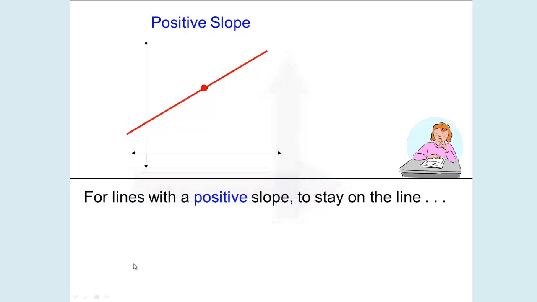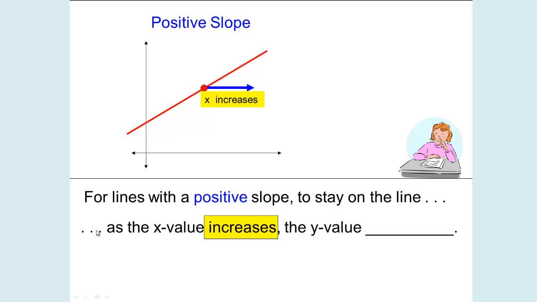And for lines with a positive slope to stay on the line, as the x value increases, the y value does what? It will increase. So x increases, the y value increases.